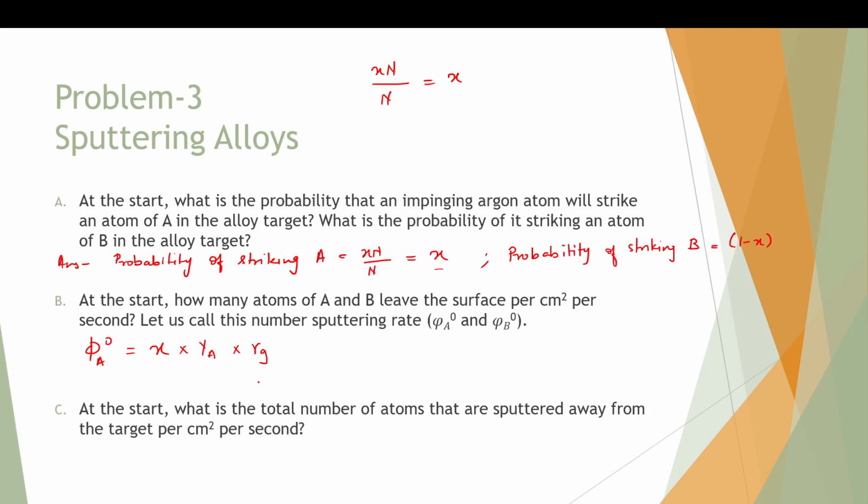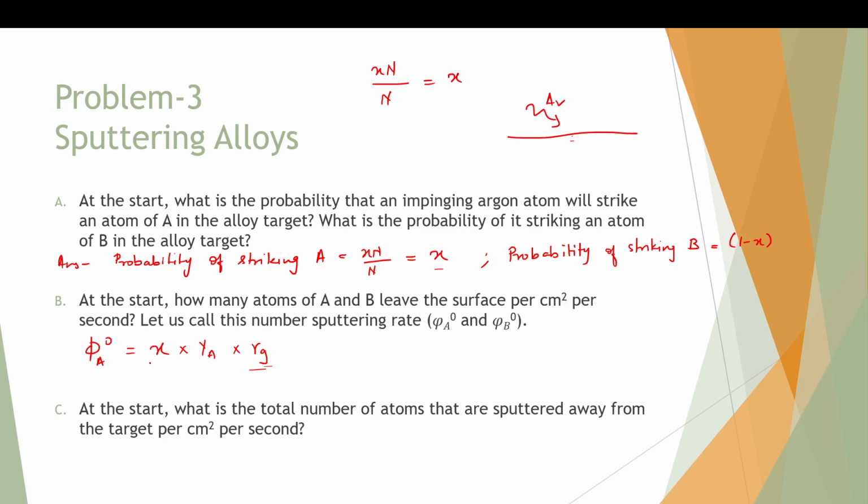So what is the probability of an argon atom hitting the surface? Then times the probability of the argon atom hitting the A atom, times the yield of A. So when argon is coming, first of all what is the probability of argon hitting the surface? That is given by this Rg. Secondly, if it is hitting, is it hitting the A atom or the B atom?